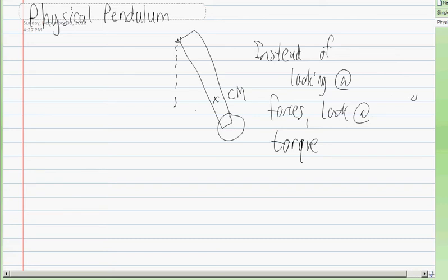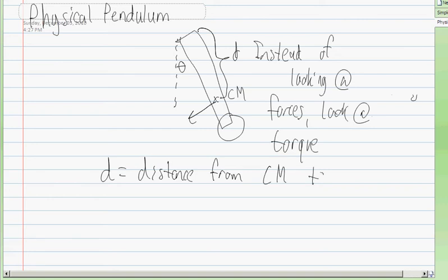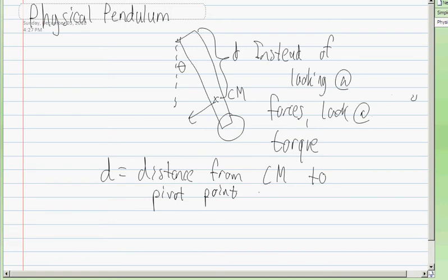And the torque, which again is going to act like this, we're going to have the same angle theta, and we'll call this distance d. d is the distance from the center of mass to the pivot point. Okay, in this case at the top.